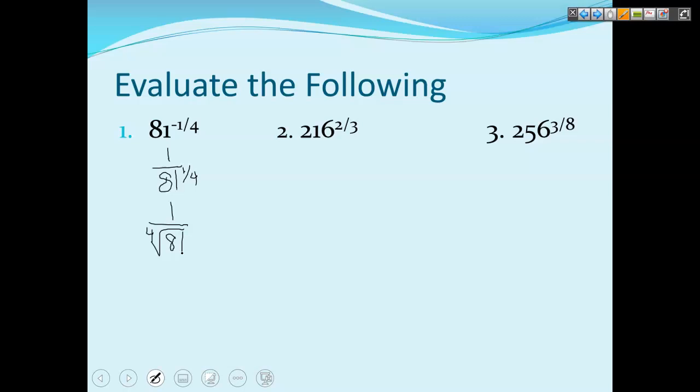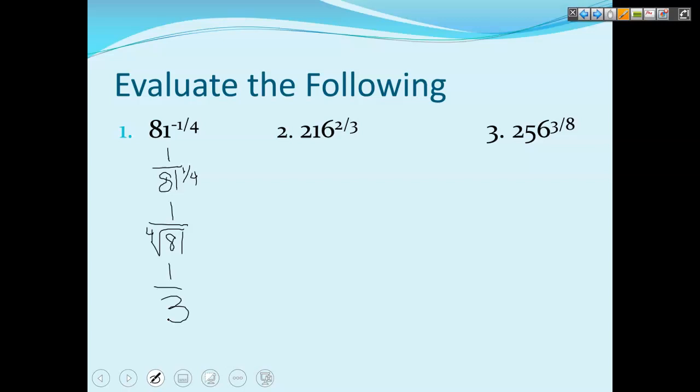So I need a number that if you multiply together 4 times, you get 81. So 2 times 2 times 2 times 2, 16. 3 times 3, 9 times 3 is 27, times 3 is 81. So the 4th root of 81 is equivalent to 1/3.